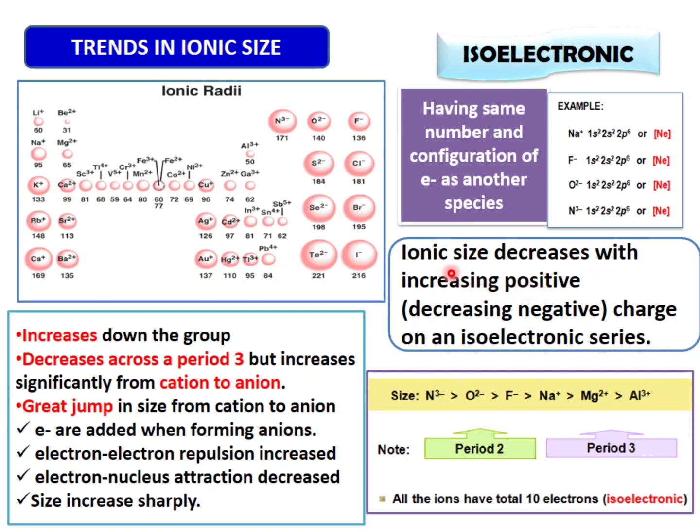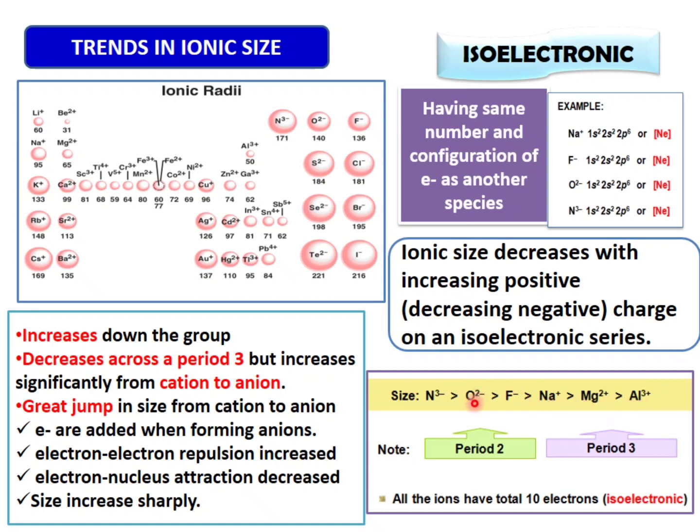Okay, and then ionic size decreases with increasing positive charge. Nampak, ionic size decreases with increasing positive charge and decreasing negative charge of isoelectronic series. So you can look at this example. For example here, you boleh nampak untuk cation, positive ion daripada sodium plus, magnesium 2 plus, aluminium 3 plus. So as the positive charge increases, the ionic radius will decrease.